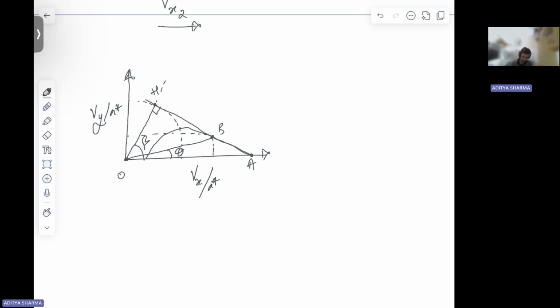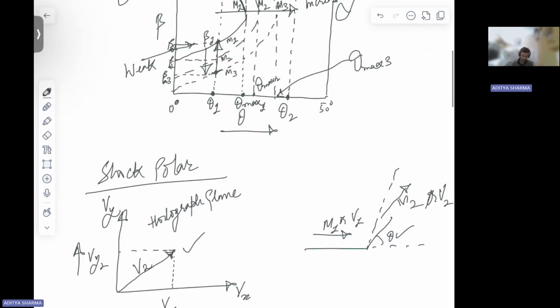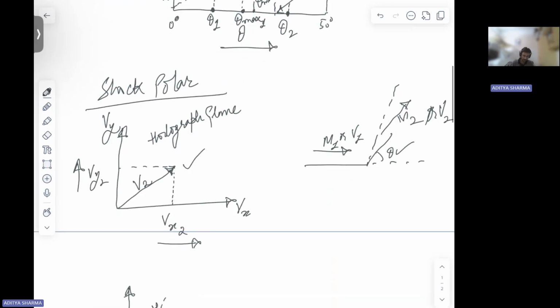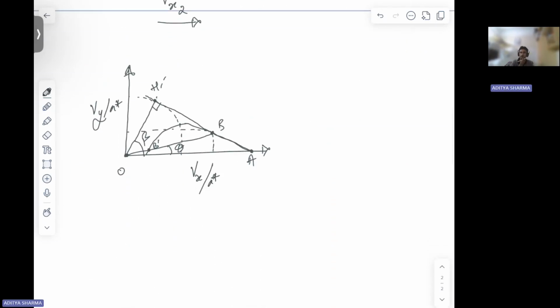So if you see this OB line, this cuts the shock polar at 2 points, so I can call them B and B dash. So there are again two solutions of this oblique shock at this theta. We have seen in the theta-beta-M curve also that for a single theta we have two solutions. Same thing again pops up here.